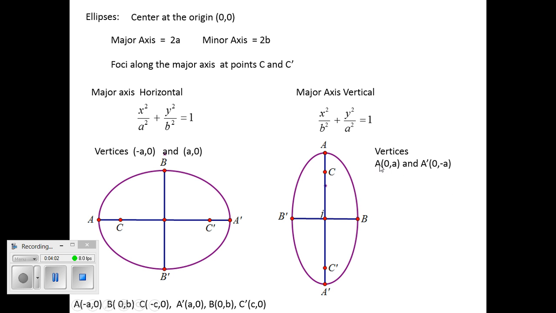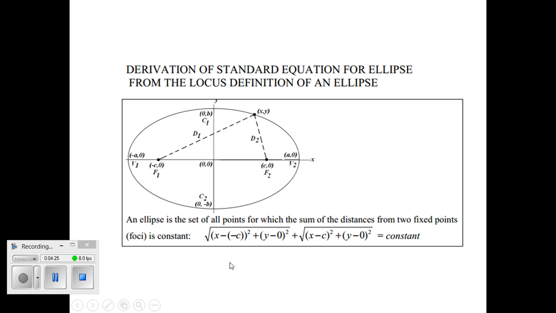So the vertices again are typically stated to be the endpoints of the major axis, and again the foci will appear on the major axis. So the foci in this orientation are at 0, c and 0, negative c. We're going to hold off on that for a minute.